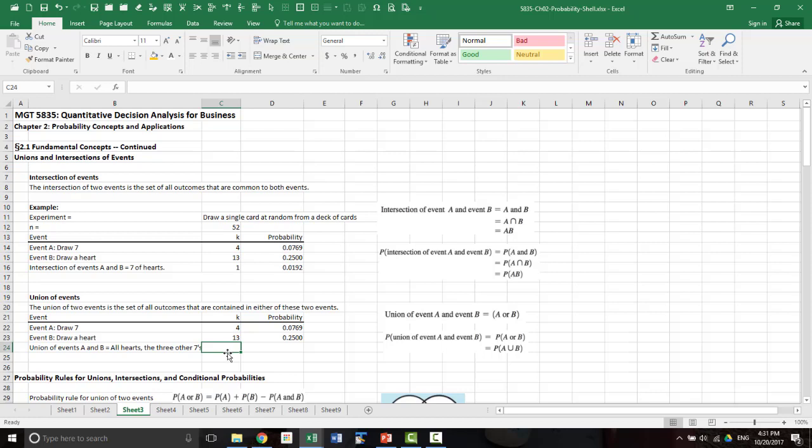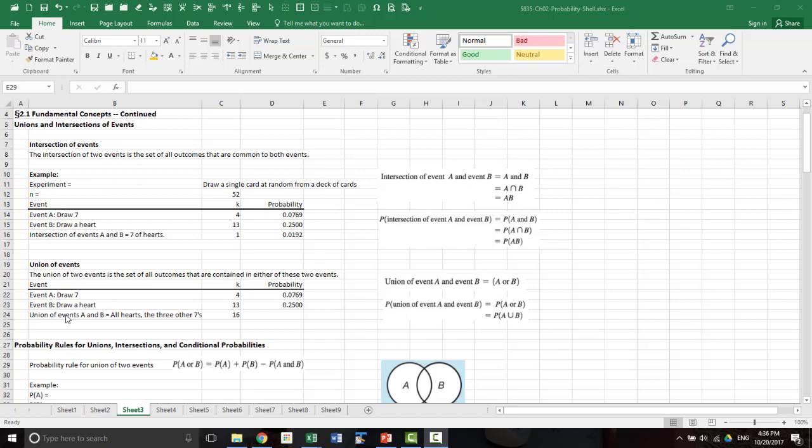So there are 3 remaining, for a total of 16. Now the probability here, I can't copy this down because this one refers back to that. So I have to go that divided by that. That will give me the probability of the union of A and B, or A union B.